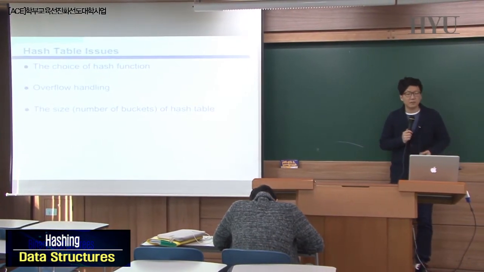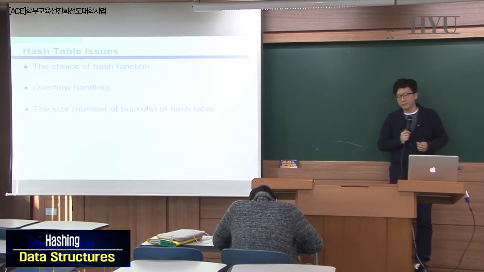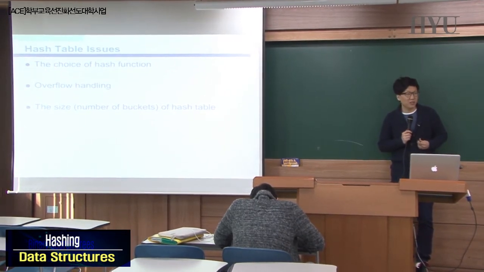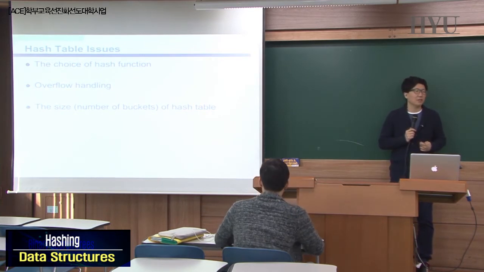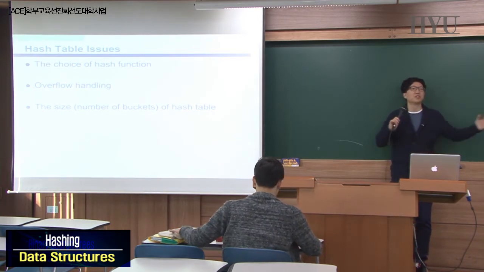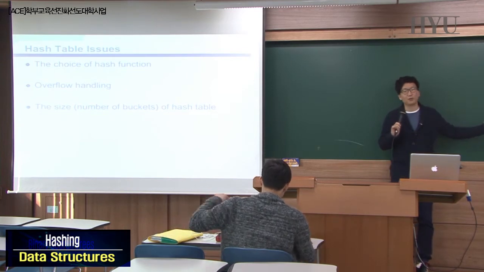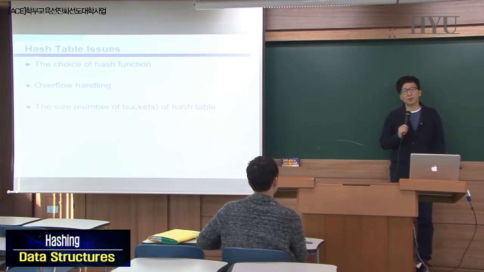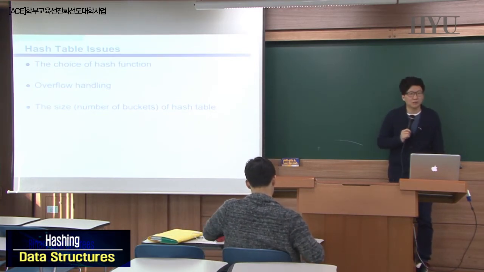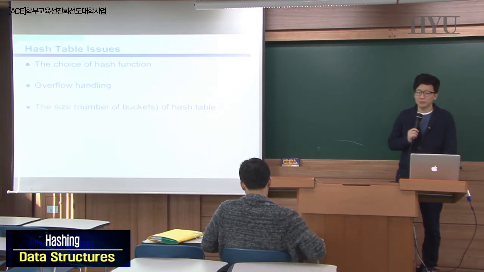Okay, so the size of the hash table. When you're actually using this in your programs, you're always tempted to make your hash table really, really big, so you can avoid any possible troubles you don't expect.